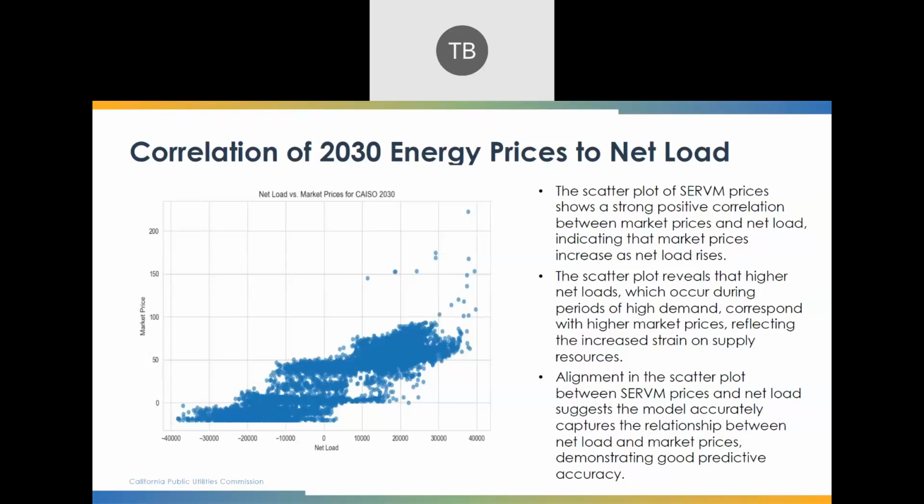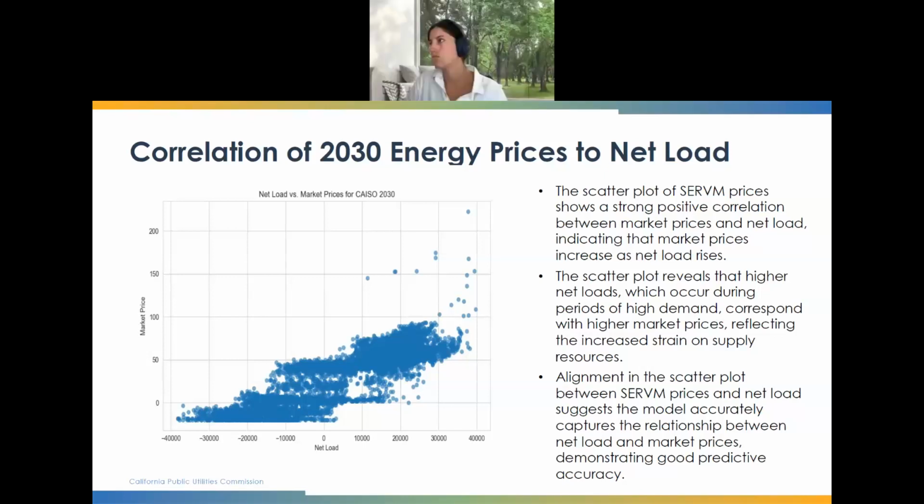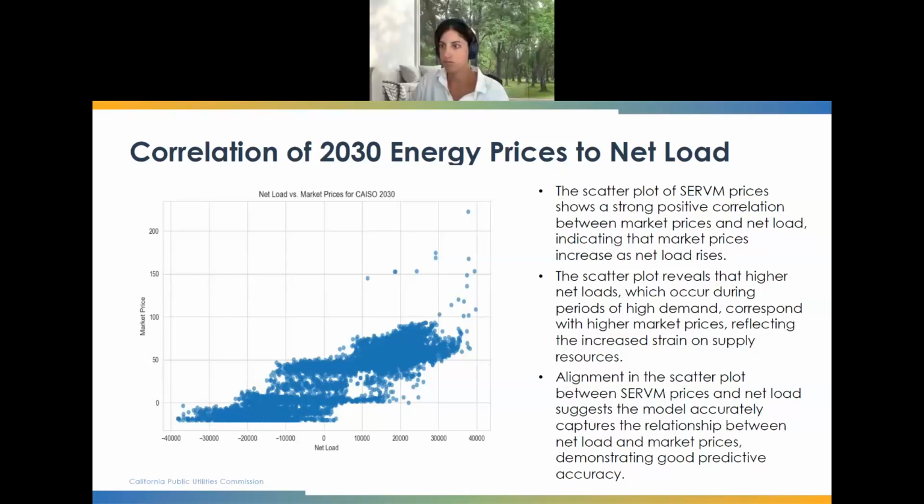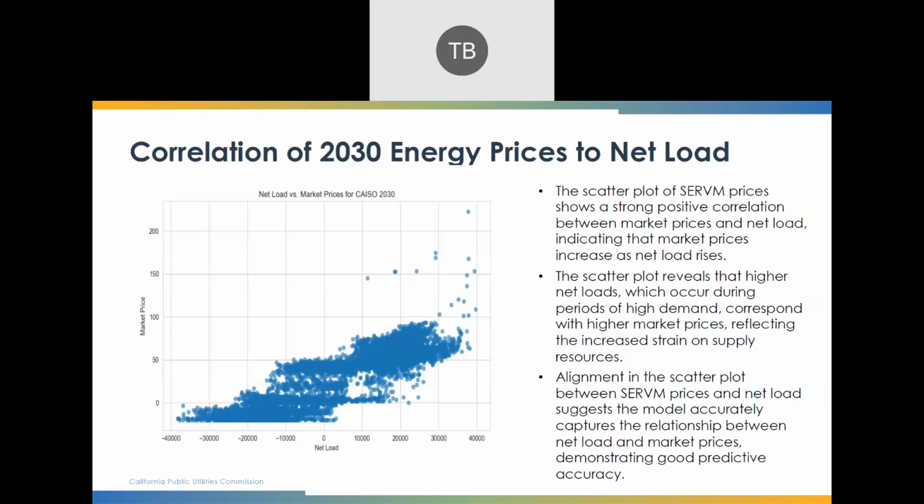I'm asking because we did some backcasting of the implied market heat rates from your Servum runs, not to 2021-22, but to 2023, and our implied market heat rate duration curve for 2023 is very different than your Servum results, and we'd be happy to provide that to you.